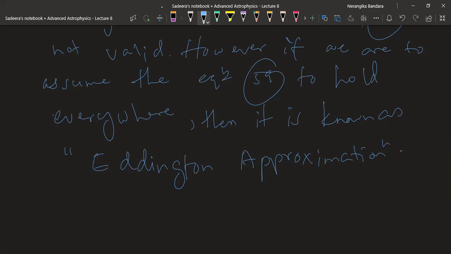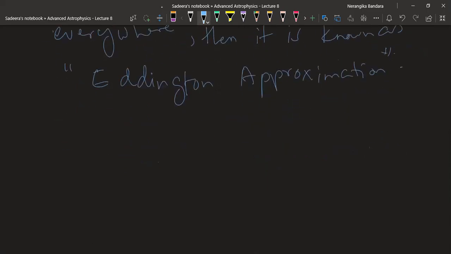But if we assume that equation 59 is valid everywhere inside the atmosphere, that condition is called the Eddington approximation. So we can assume it is valid under a certain approximation. Okay, I hope that is clear.